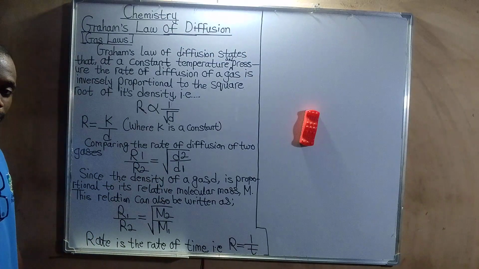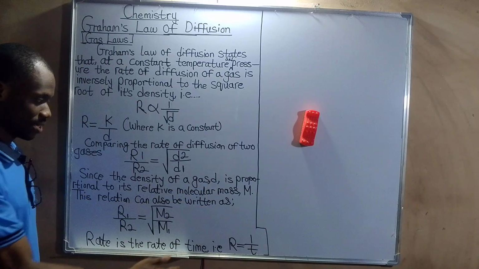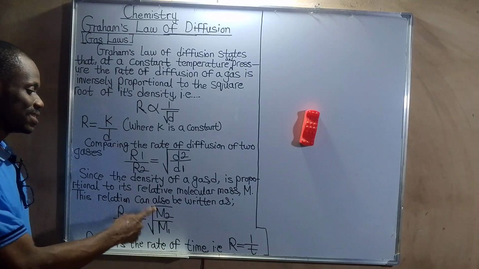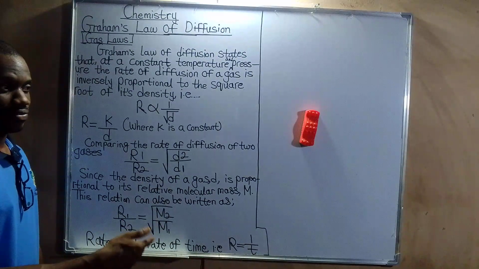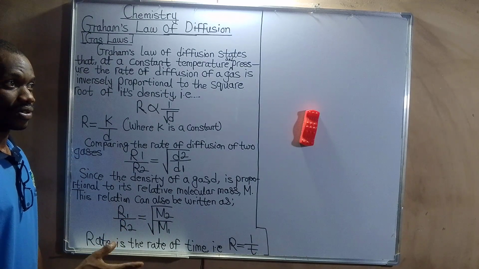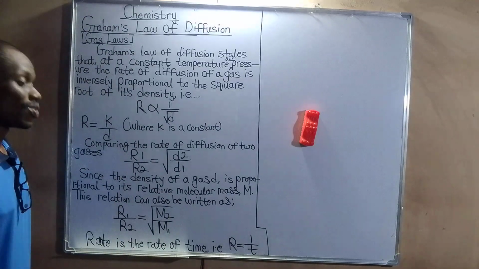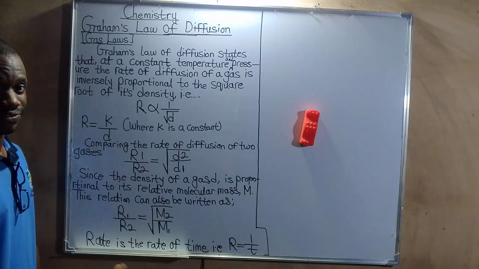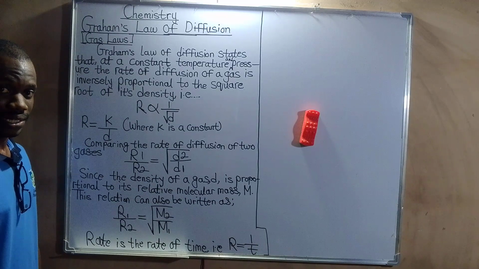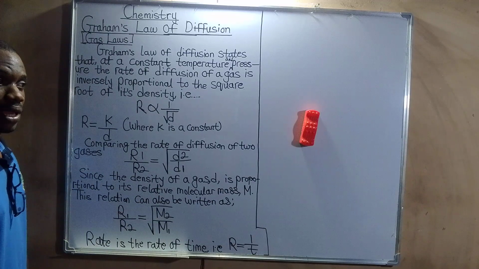Alright, we move further to say that the density of a gas, D, stands for the density, is proportional to its relative molecular mass. Remember, you have relative molecular mass in chemistry, showing you the relative atomic mass of that gas, or maybe that element, not just gas, because we have 3 or 4 states of matter: the solid, liquid, and gaseous states, and we move further to the plasma state.